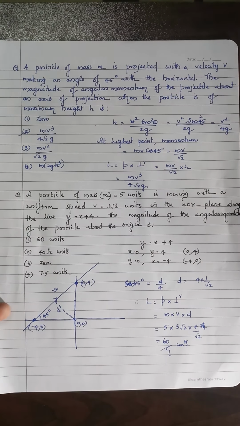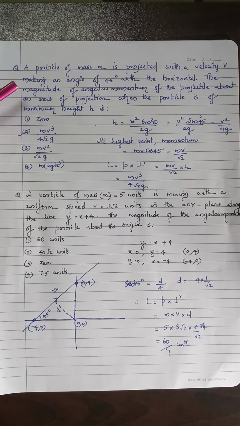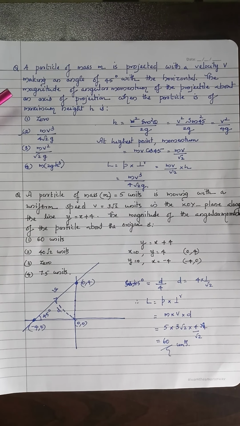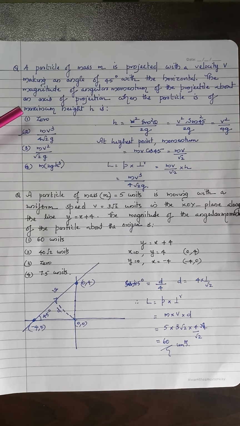Then, a particle of mass m is projected with a velocity v, making an angle of 45 degree with the horizontal. The magnitude of the angular momentum of the particle about an axis when the particle is at maximum height h. It is nothing but the linear momentum at the highest point into the perpendicular separation between the line of action and the axis.